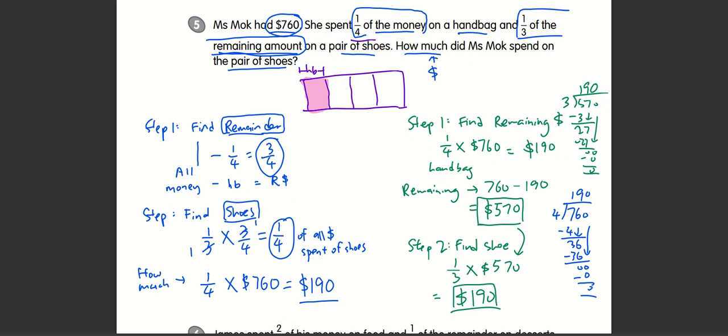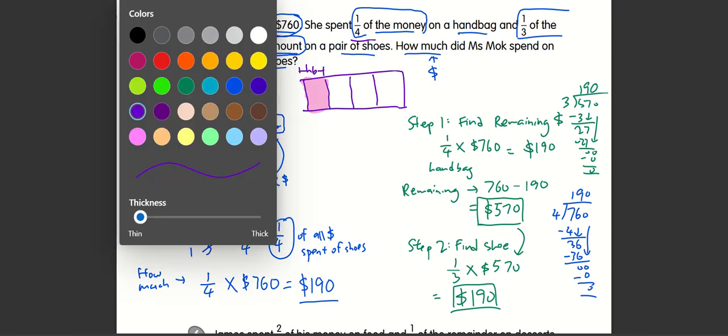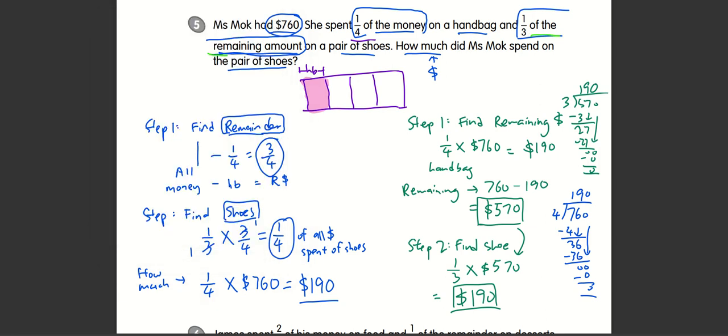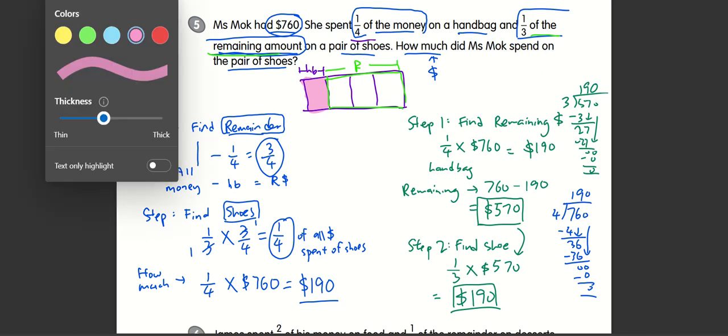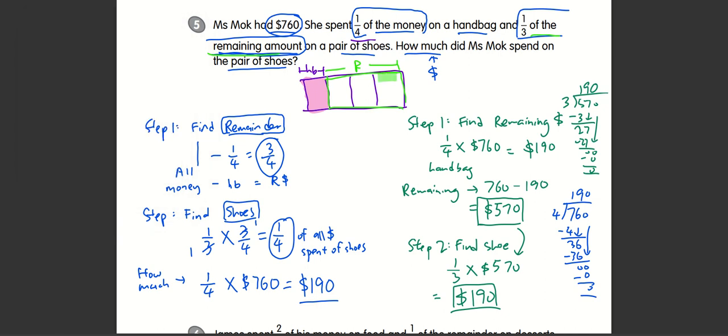Now, it says here 1/3 of the remaining amount. So the remaining amount is this 3 units here. And if I were to say 1/3 of the remaining amount, you can see it's 3 units, just nice, so 1/3 will be just 1 unit here.